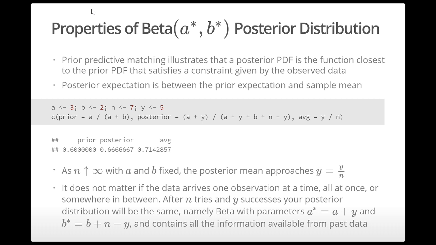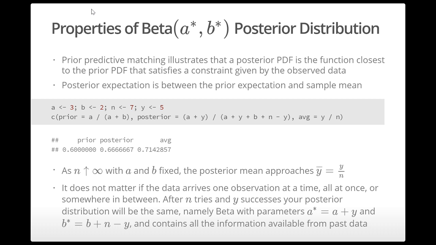In this case, with a one-dimensional posterior distribution, we can verify that the posterior expectation will be between the prior expectation and the sample mean. So here I chose as my hyperparameters a equal 3, b equal 2. Those had to be positive, but they didn't have to be integers. That implies a prior expectation on the survival probability of 0.6, which may have been reasonable.